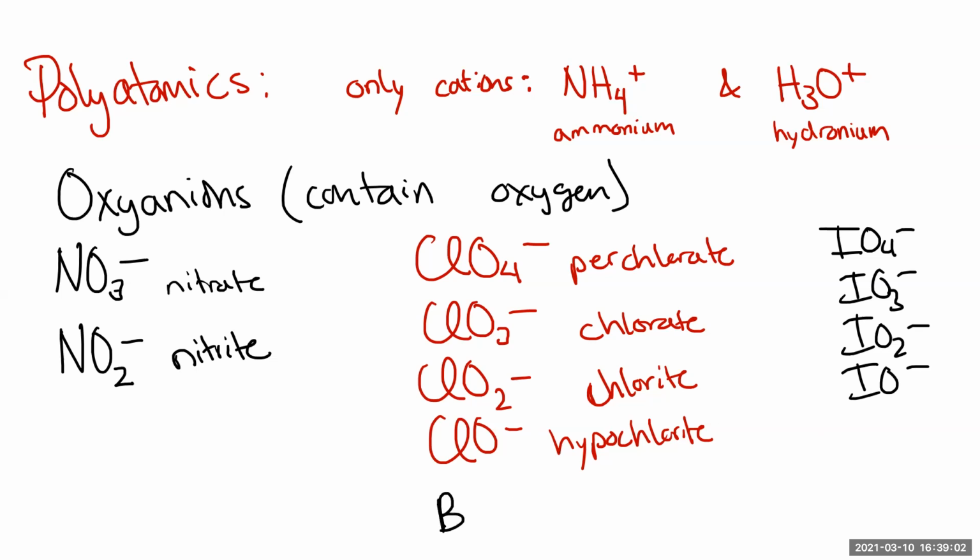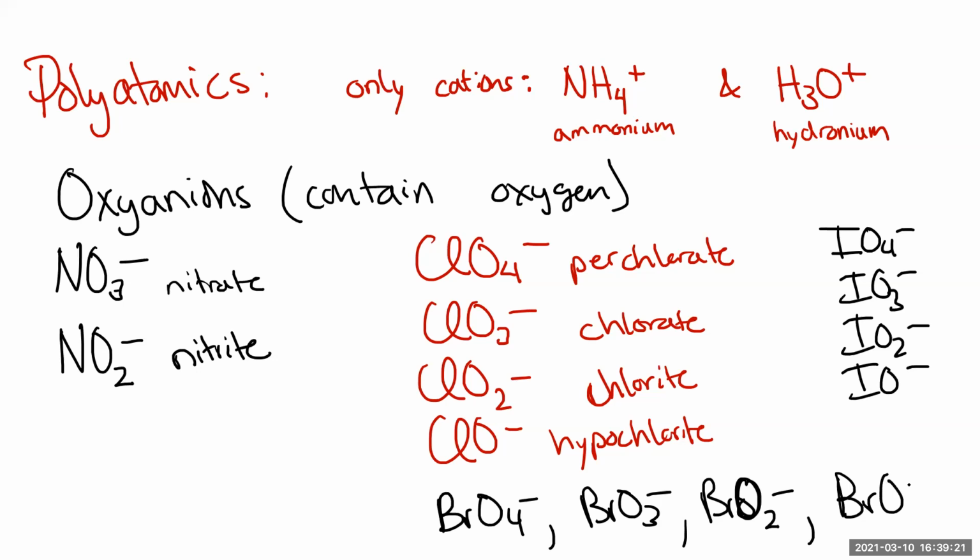You've got BrO4 minus, perbromate, BrO3 minus, just bromate, BrO2 minus, bromite, and finally hypobromite, that'll be BrO minus. See the pattern? I hope that makes it easier to remember.